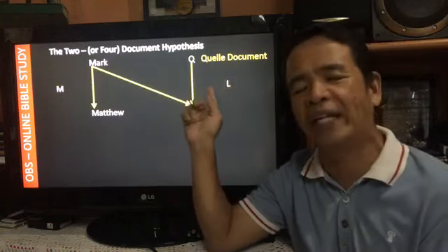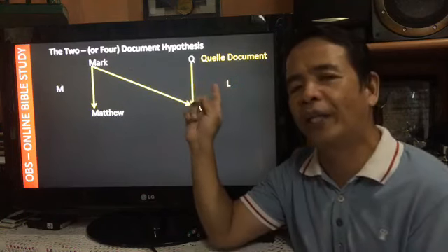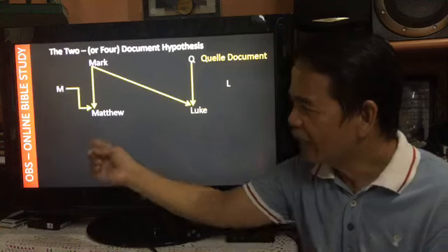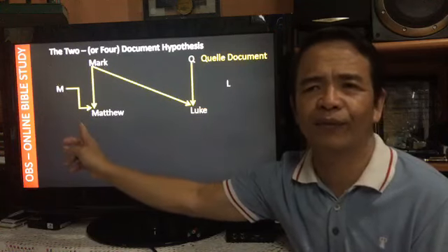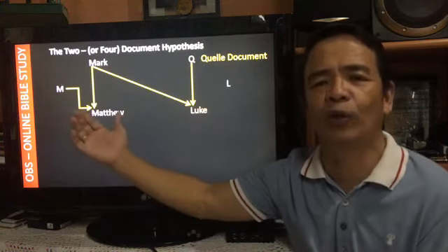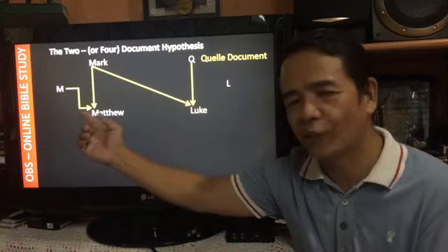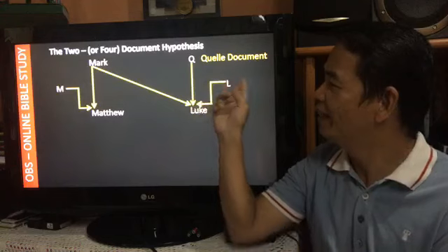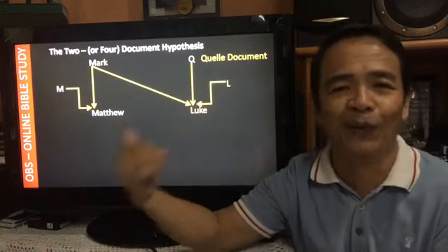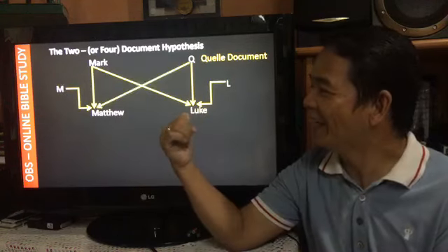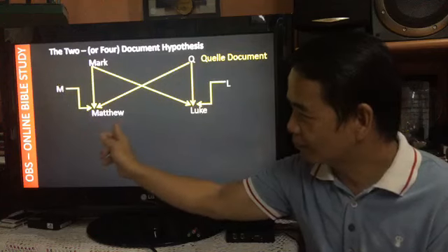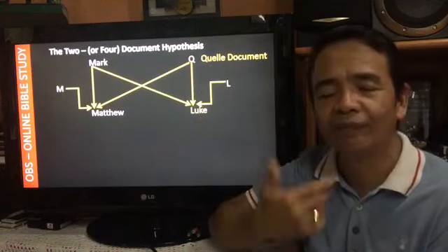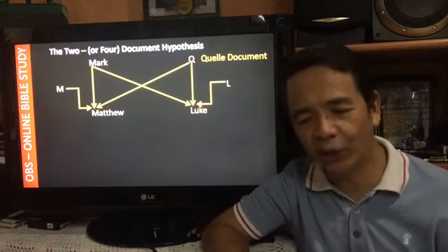We call it Q, from the German Quelle, just a document. Matthew took his from a Matthean document. Luke must have had his own source also. We call it the Lucan document. And Matthew must have taken some also from the Q document.